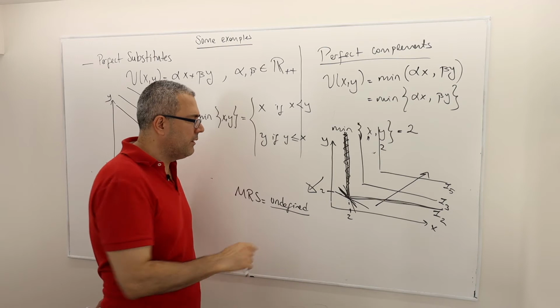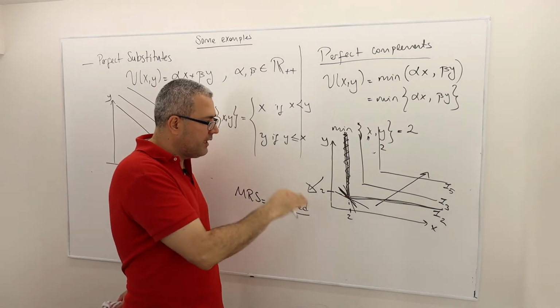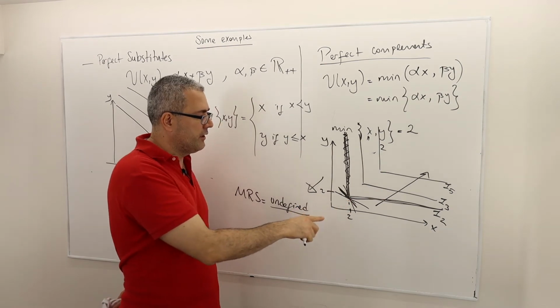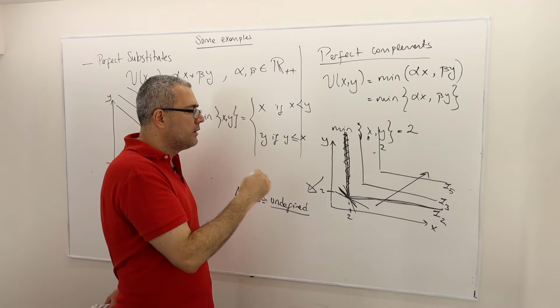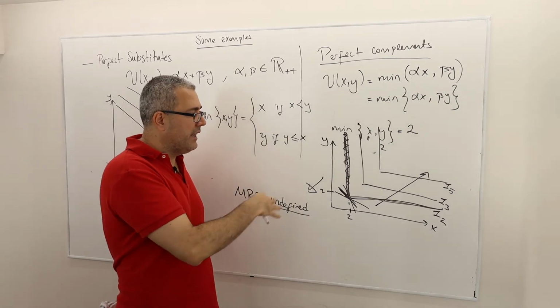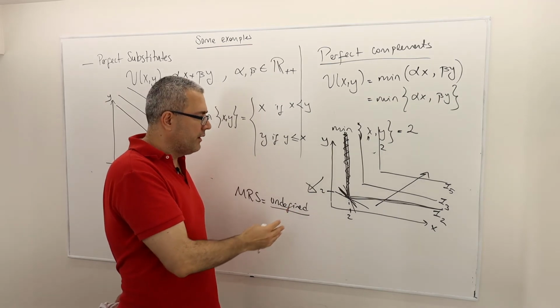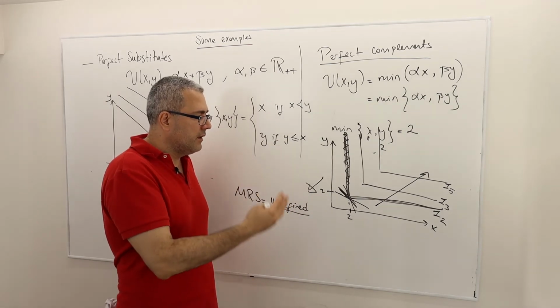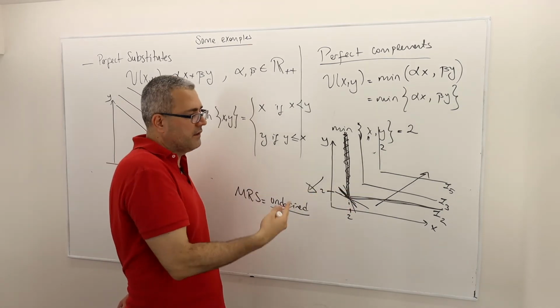You see what I mean? At this kink point, any straight line that is touching this point 2, 2 is a tangential line. So therefore, any slope is going to be fine at that point. And that's kind of why this function is not differentiable.